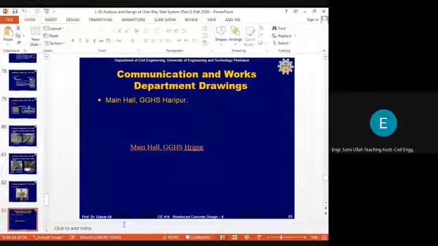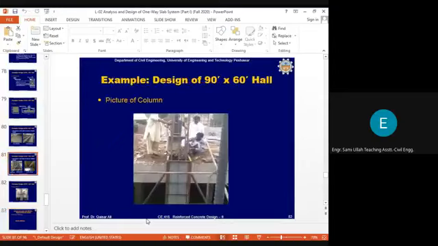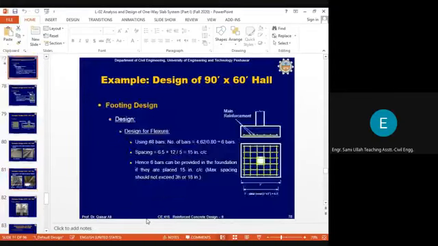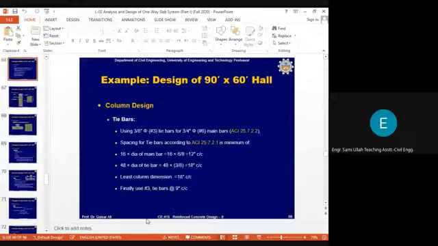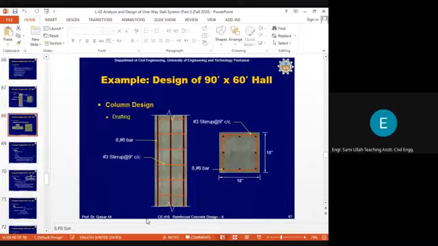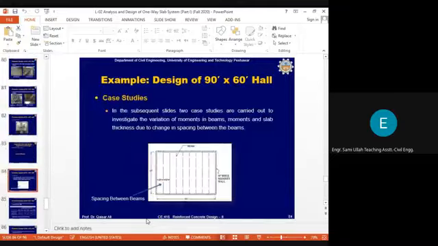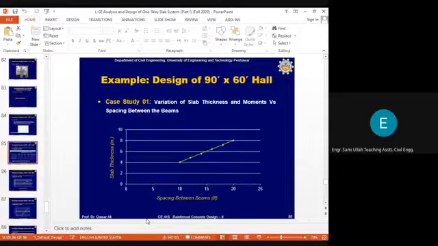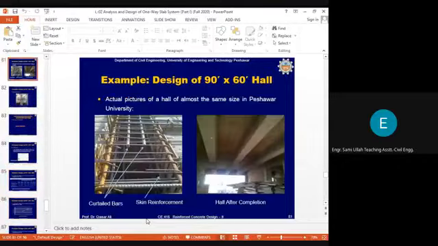Ahmad, can you see this picture? Yes, sir, I can see. You can see this slab reinforcement is going into this beam. What will happen at the terminal end of the slab? The terminal end where the slab ends, this reinforcement will terminate into this beam.